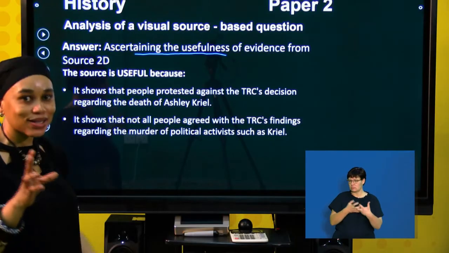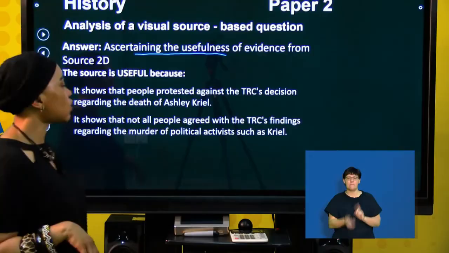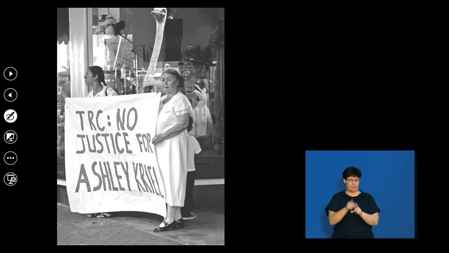Very important, guys. You are guaranteed to get a question asking you for the usefulness of the source. So you can say the source is useful because it shows that people protested against the TRC's decision regarding the death of Ashley Krill. It shows that not all people agreed with the TRC's findings regarding the murder of political activists such as Krill. Okay, so this is your visual source that I showed you before.